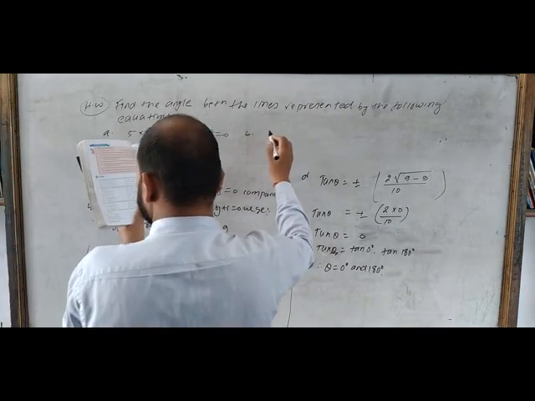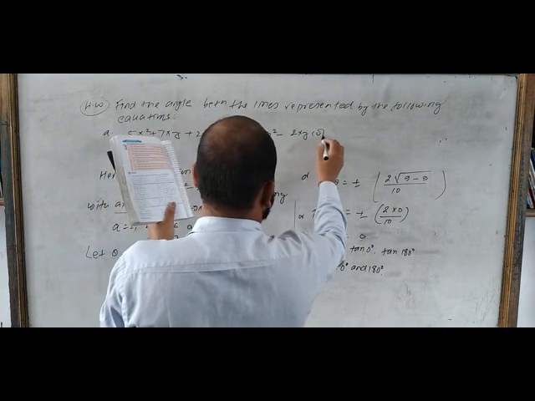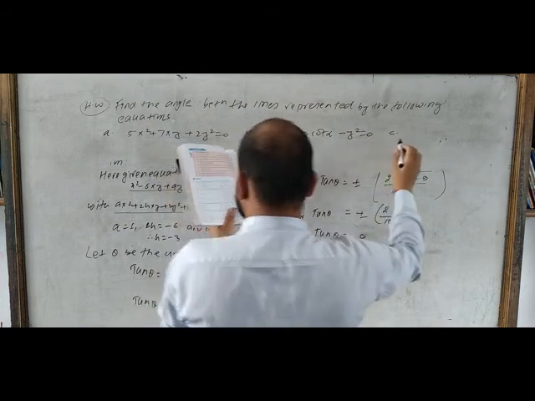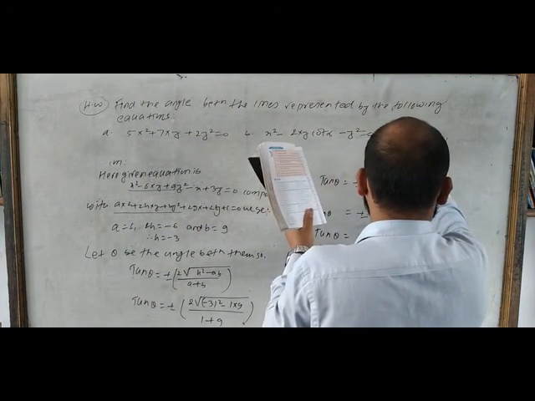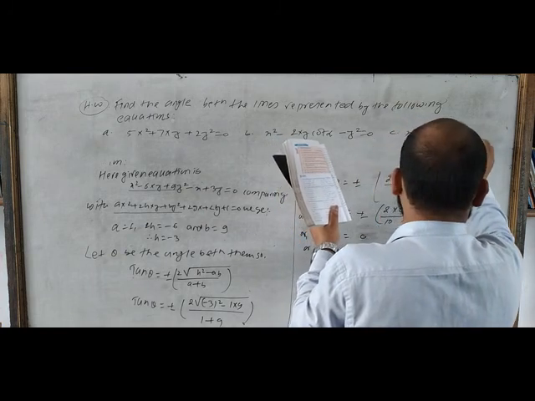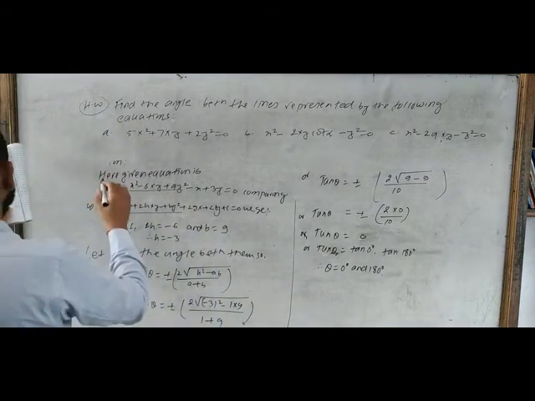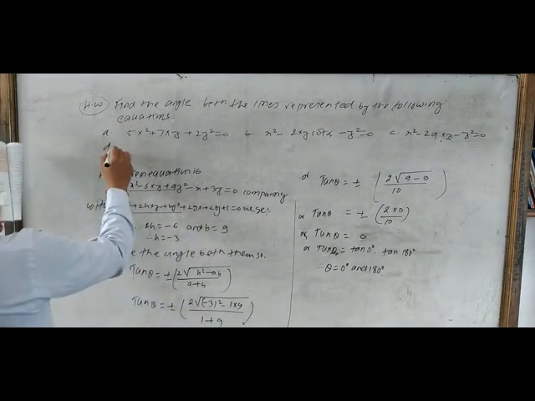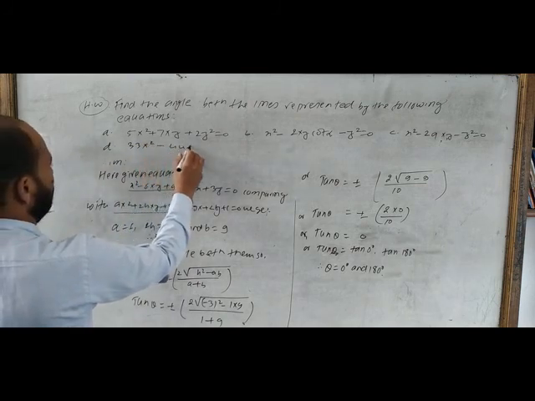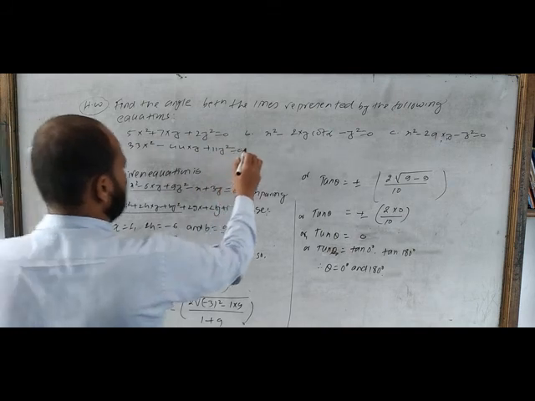B number, x square minus 2xy cot alpha minus y square is equal to 0. And C number, x square minus 2 qxy minus y square is equal to 0. And D number, 33x square minus 44xy plus 11y square is equal to 0.